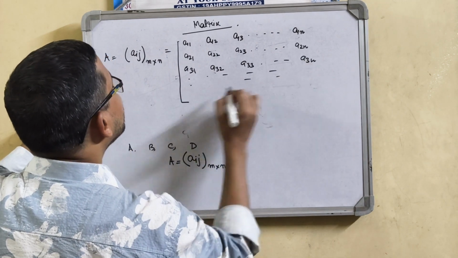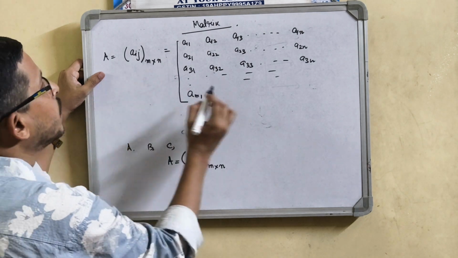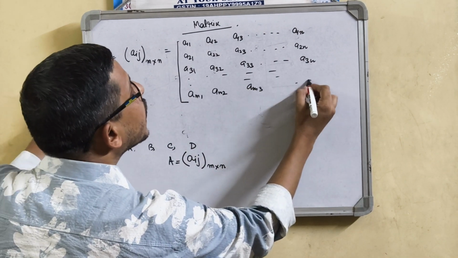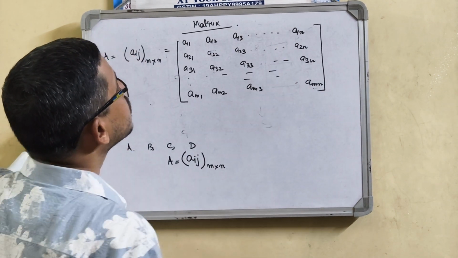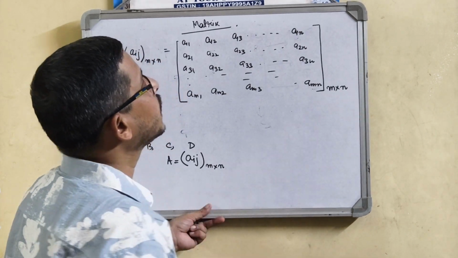Then AM1, where the number of rows is equal to m, AM2, AM3 and AMn. This is the general representation of a matrix having m rows and n columns.